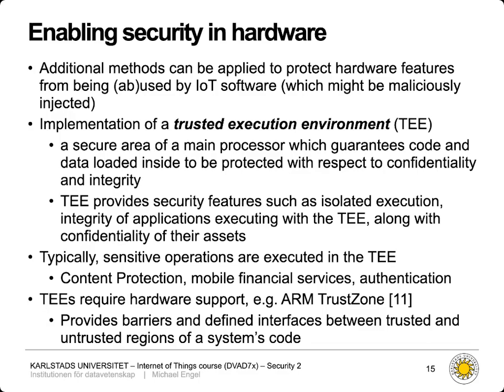So they are not leaked to the outside of the TEE, and they cannot be changed except from inside the TEE. The trusted execution environment provides a number of security features, and these include isolated execution, the integrity of applications that execute within the TEE, and also the confidentiality of their assets, so the data they operate upon.